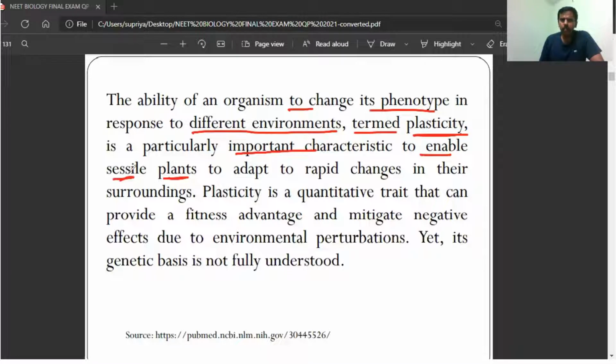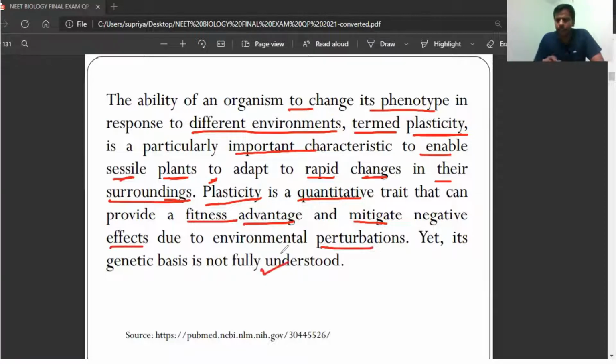Sessile means not able to move, to adapt to rapid changes in their surroundings, right? Plasticity is a quantitative trait that can provide a fitness advantage and mitigate negative effects due to the environmental perturbations, yet its genetic basis is not fully understood.